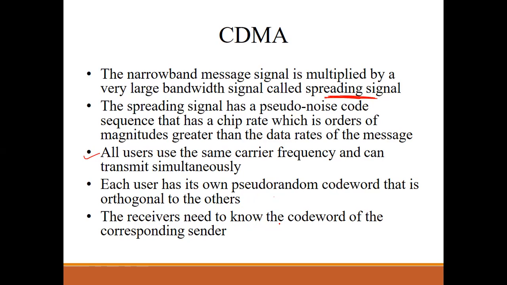All the users in a CDMA system use the same carrier frequency, as we have already seen, and can transmit or receive signals simultaneously. The receiver performs a time correlation operation to detect only the specific desired code word. So the receiver needs to know the code word of the corresponding sender. All the other code words appear as noise.